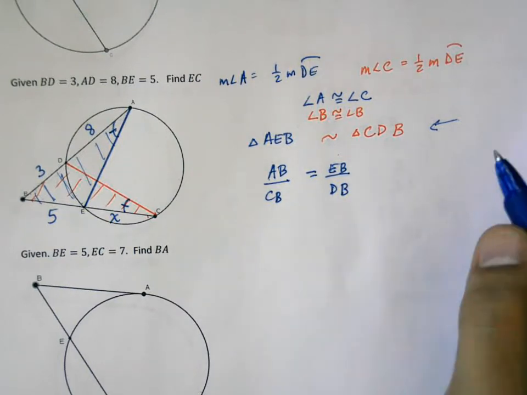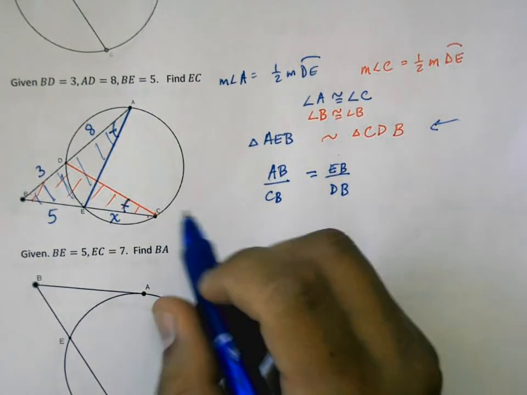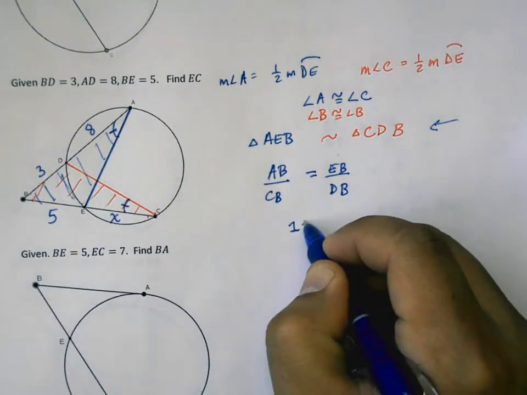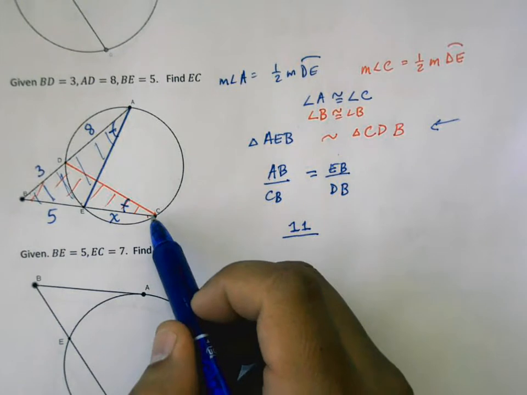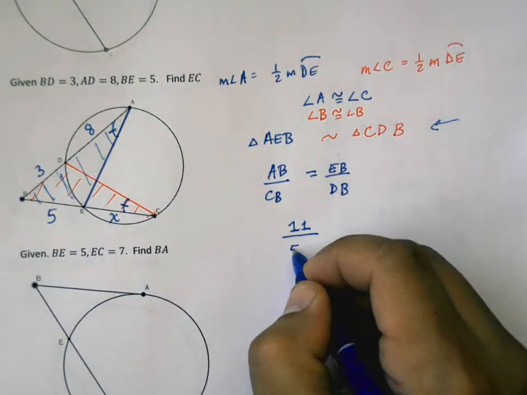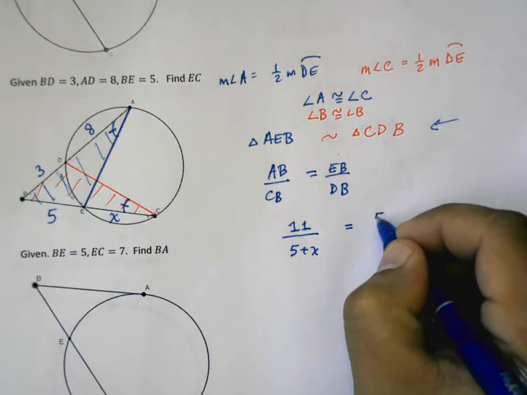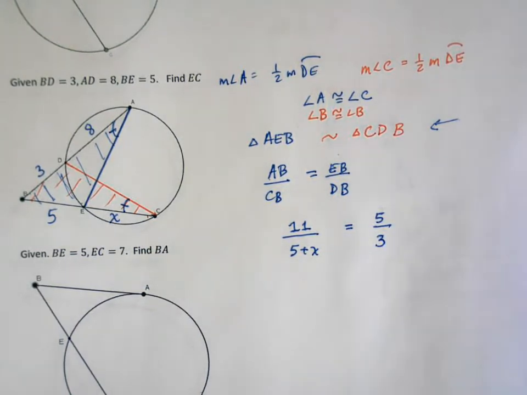Then we make the substitution. AB is 8 and 3, so that's 11. CB is 5 plus x. EB is 5, and DB is 3.